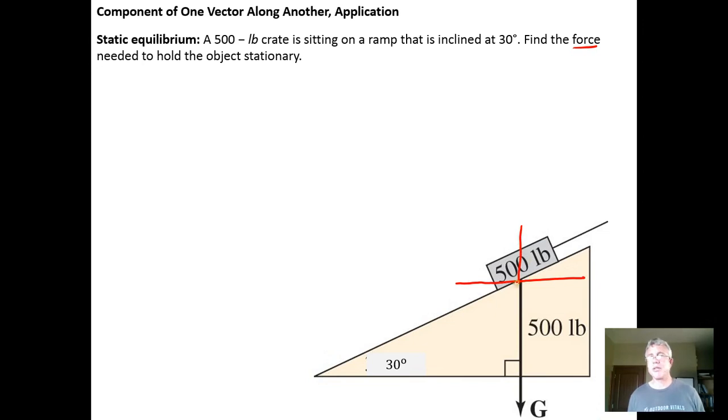What we want to do is visualize establishing an XY coordinate system right here. If we do that, then this vector G, the force due to gravity pointing down towards the center of the earth, is really easy to represent. The force acting on the crate is going to be 500, because that's the size of the force, times a unit vector, a vector of length 1 that's in the right direction.